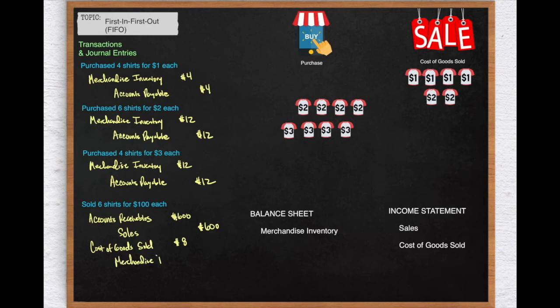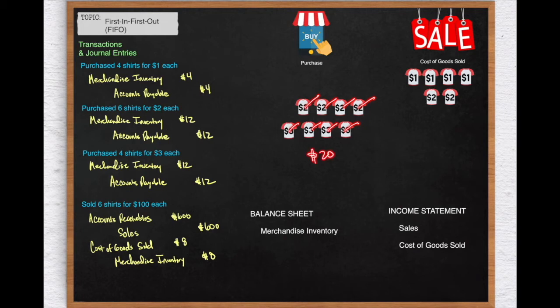It's a perpetual inventory system, so we've got to credit merchandise inventory to make sure it updates our record that it's going down, also for $8. The cost of goods sold will always be less than the sale because, ideally, you're selling it for more than what you got it for.